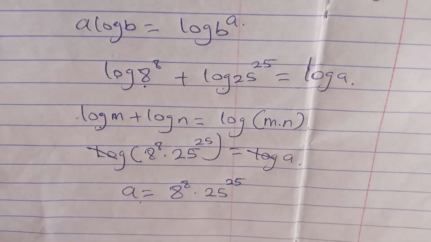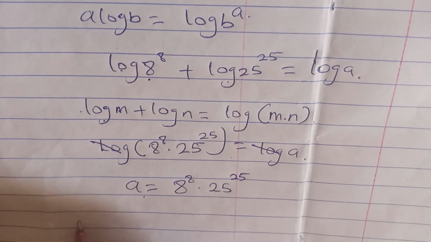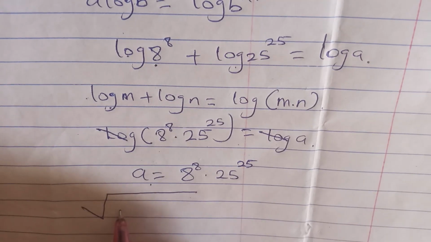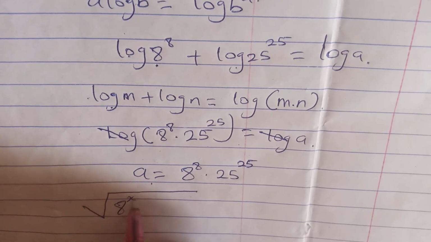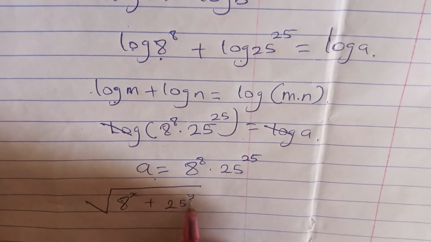So if this is the value of our a, recall we are looking for the 25th root of 8 to the power of x plus 25 to the power of y.